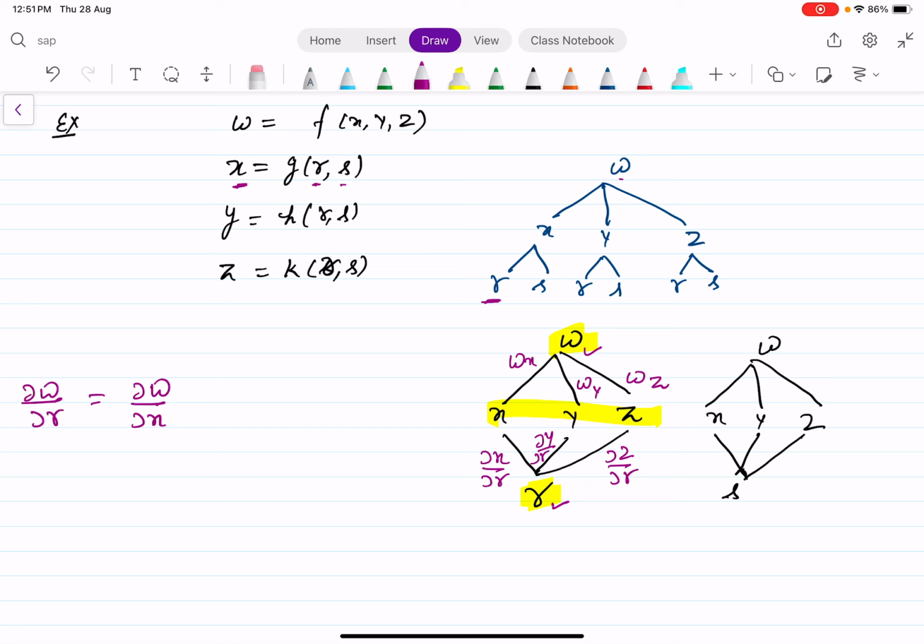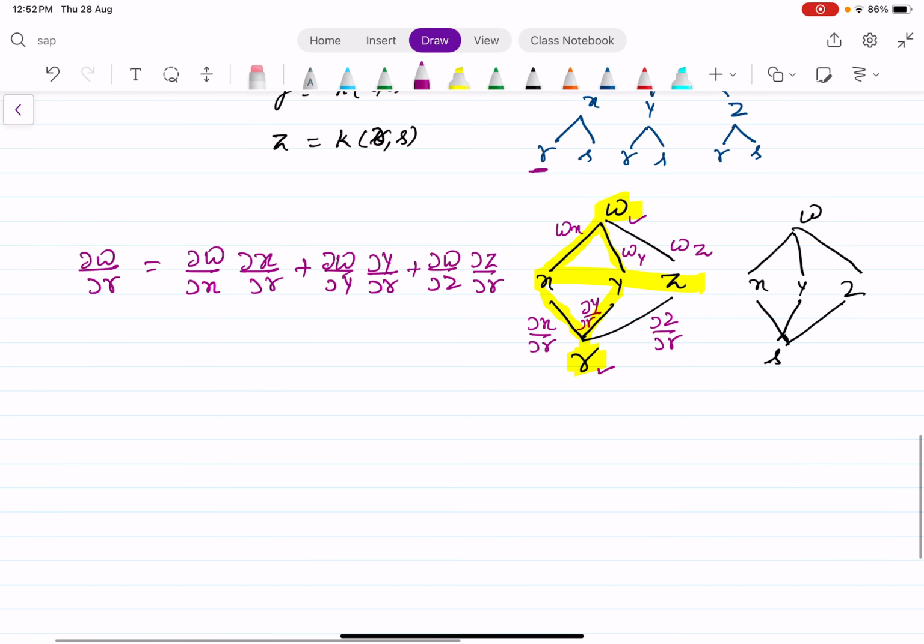This is partial because x, y, z are connected with two variables. So ∂W/∂R = ∂W/∂x ∂x/∂R + ∂W/∂y ∂y/∂R + ∂W/∂z ∂z/∂R. Okay? This is the chain rule to compute the differentiation of W with respect to R.